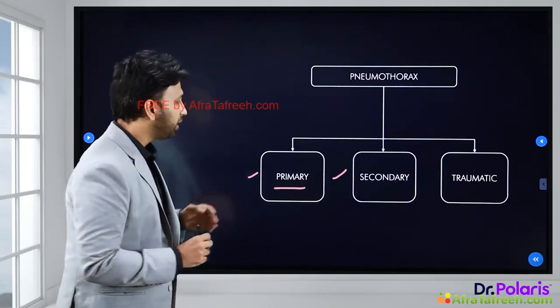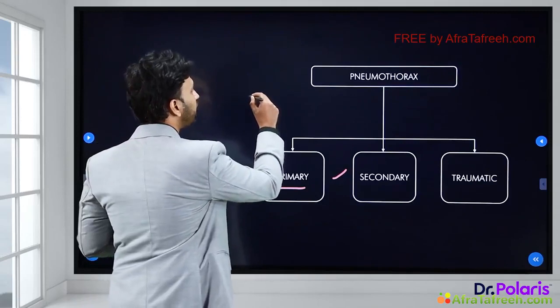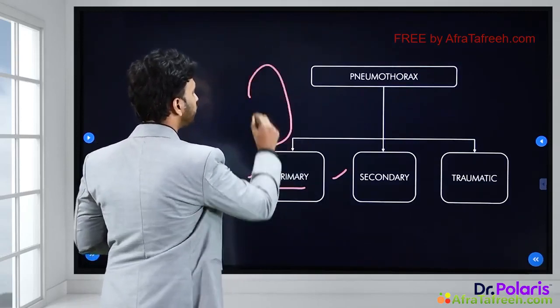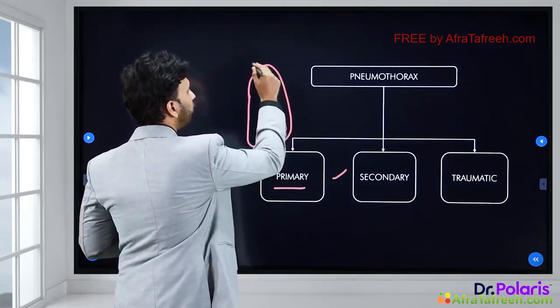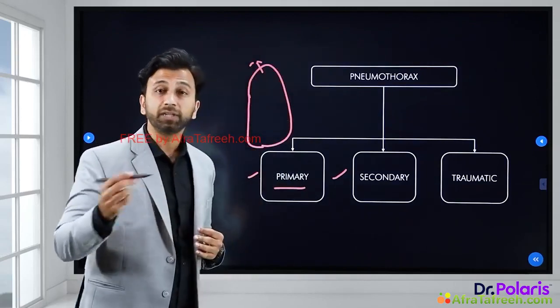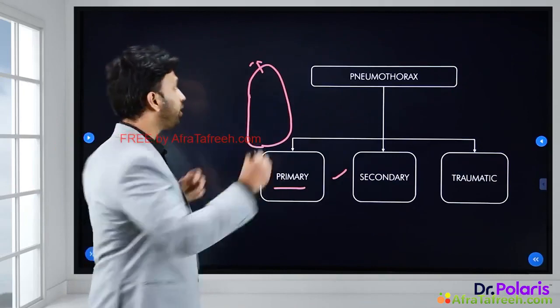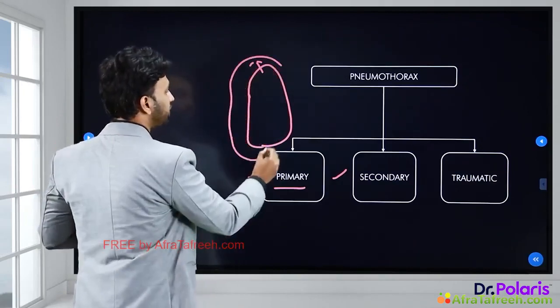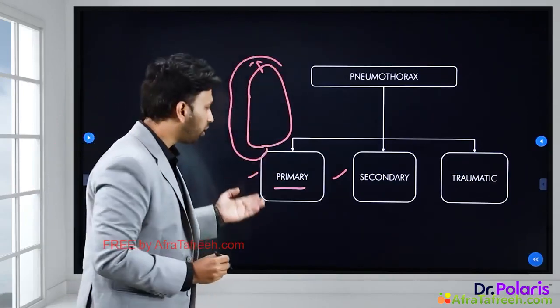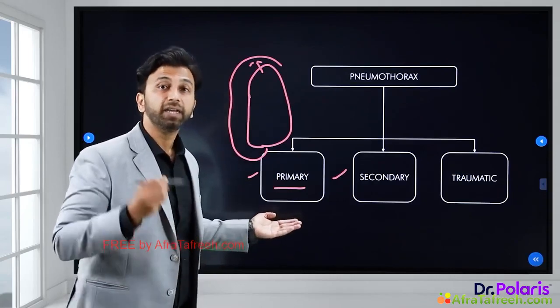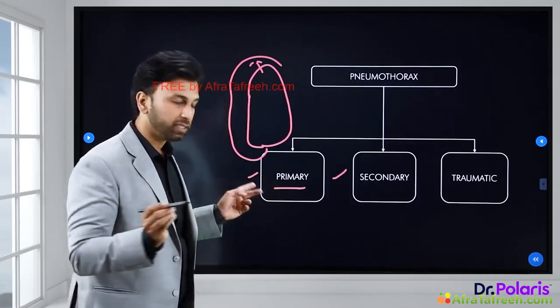Here, there is an escape of air usually in the apical regions. Because of this rupture of the subpleural emphysematous bullae, there is a slow escape of air from the alveoli into the pleural space. This is called primary spontaneous. Here, there is no history of any lung disease.